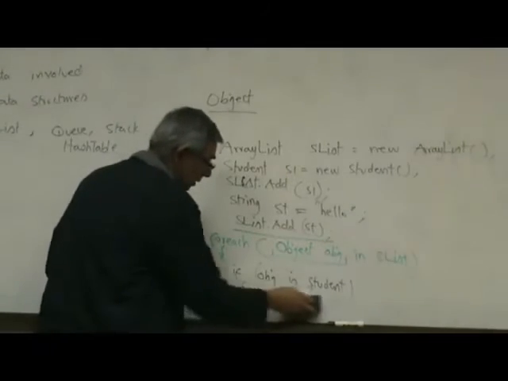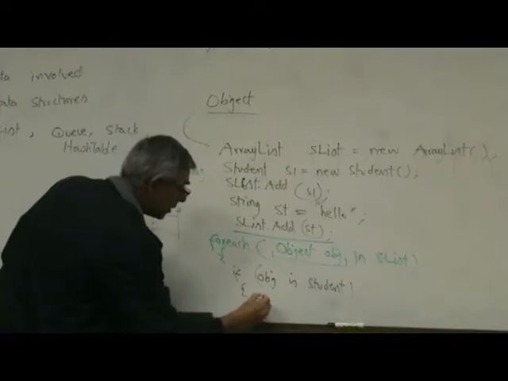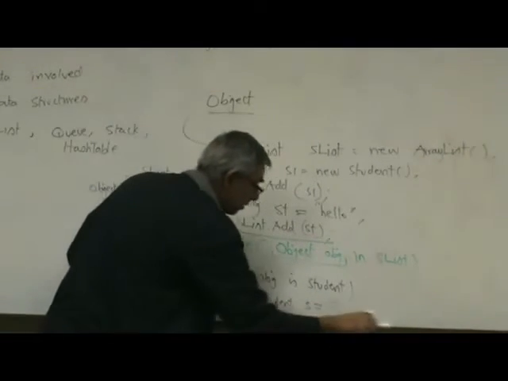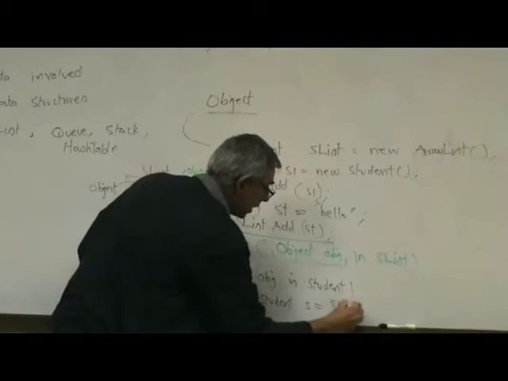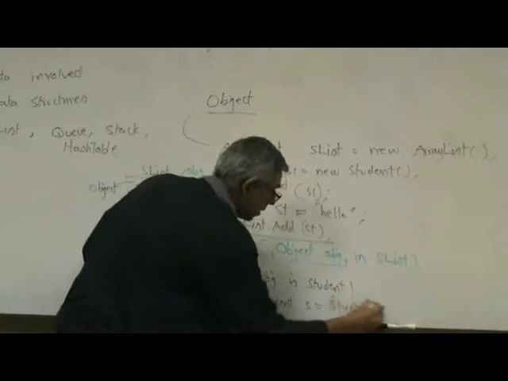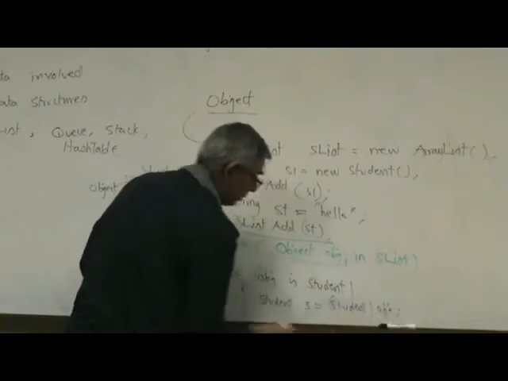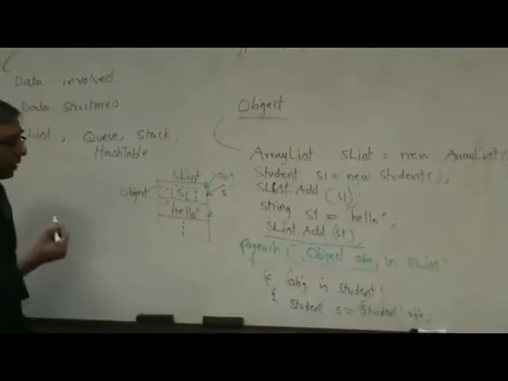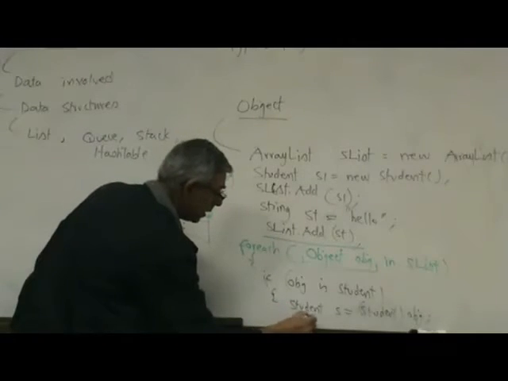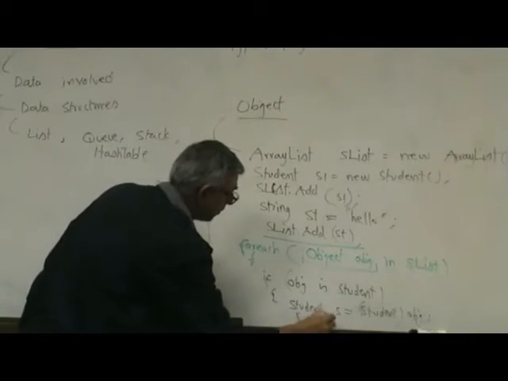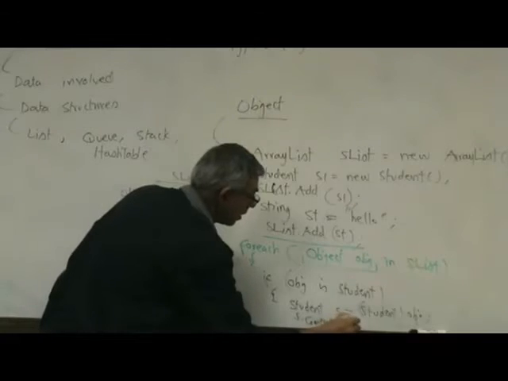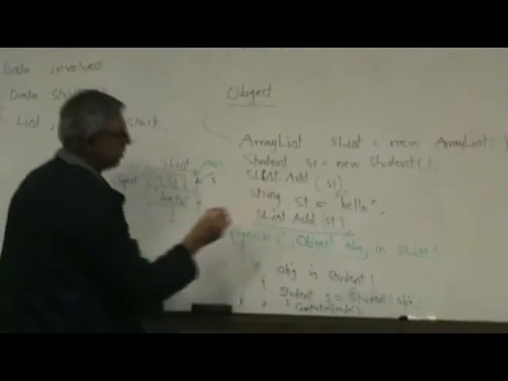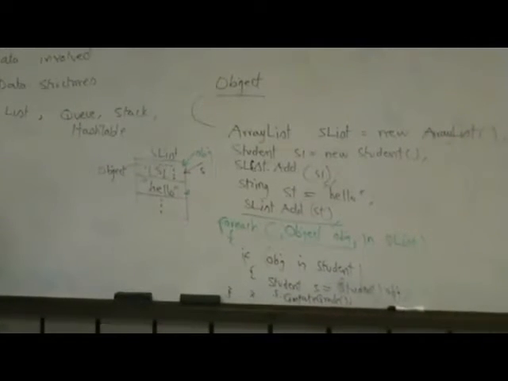So then we create a reference of type Student: Student s equal to (Student)obj. So we make s point to the same place obj is pointing to, and through s we can call computeGrade. This would be the approach if we were using an ArrayList to store data.